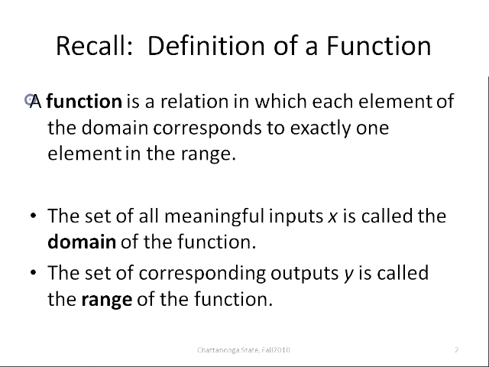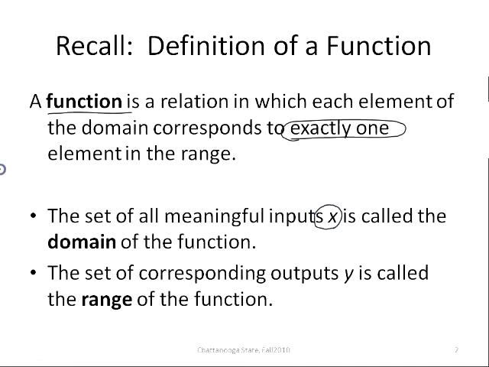Remember that the definition of a function says that a function is a relation in which each element of the domain corresponds to exactly one element in the range. When we talk about the domain, we're only talking about the meaningful inputs, or the x numbers.